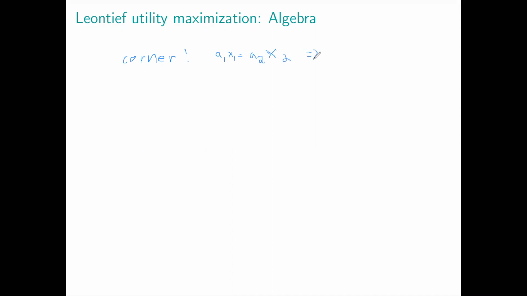So this implies that X2 is equal to A1 over A2 times X1.